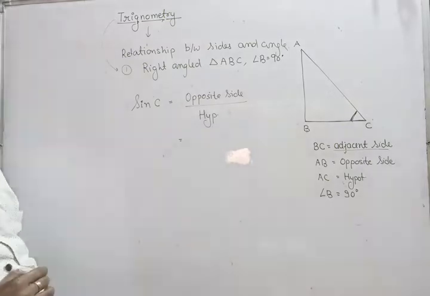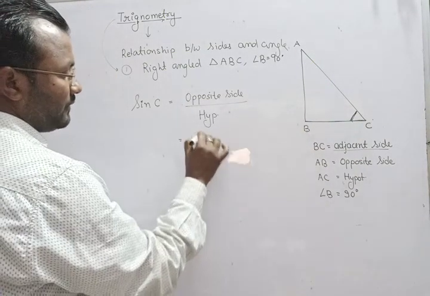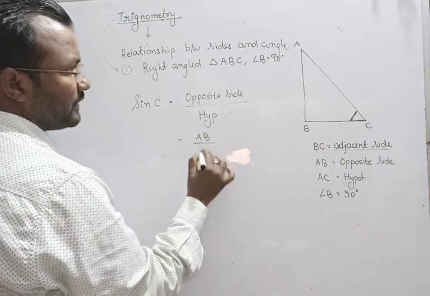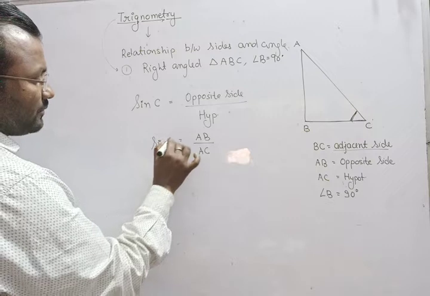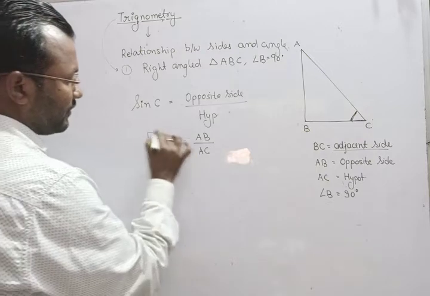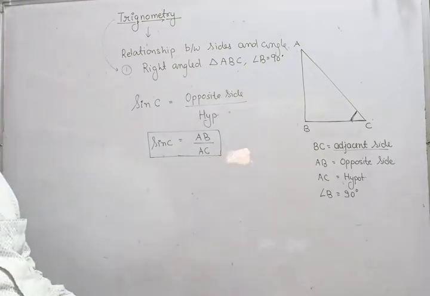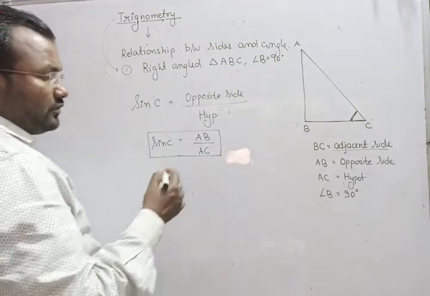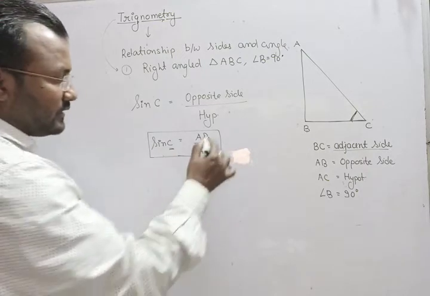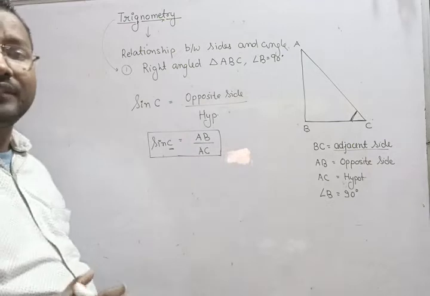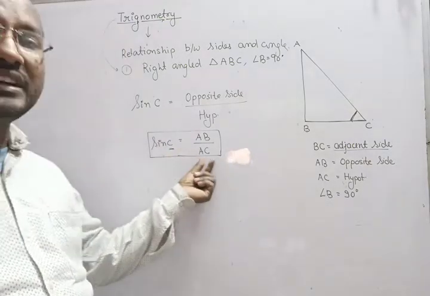The opposite side for the angle C is AB, and the hypotenuse is AC. So this is the trigonometrical identity sine C. Here this is the angle C and this is the ratio of sides. So basically we have established the ratio between the angle and the side.